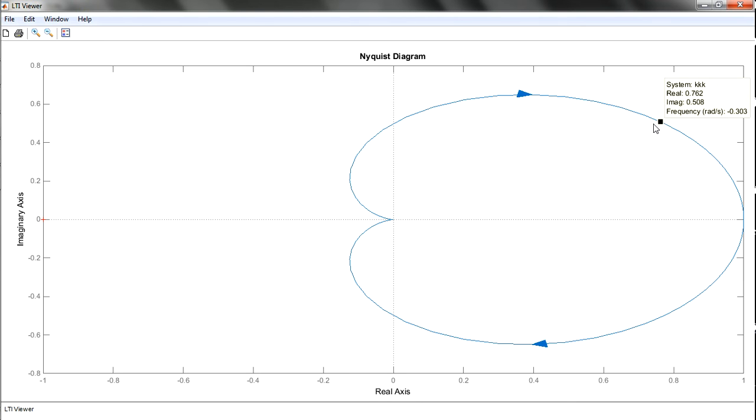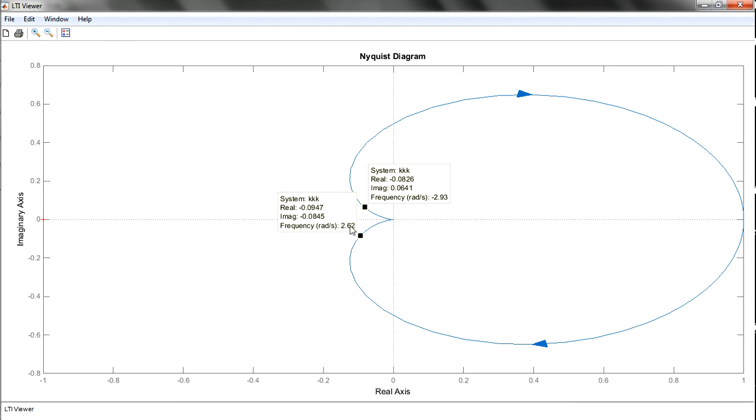As you can see, this is actually 0, from 0 to minus infinity. It slowly increases to negative infinity. And over here you have from 0, it slowly increases to infinity.